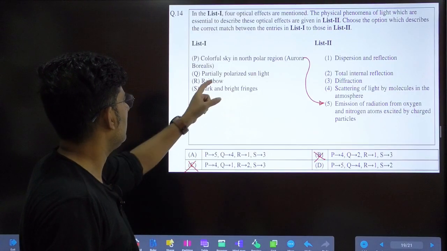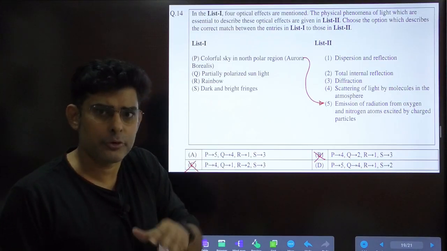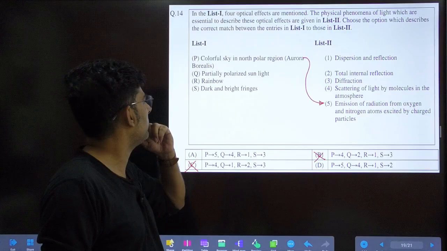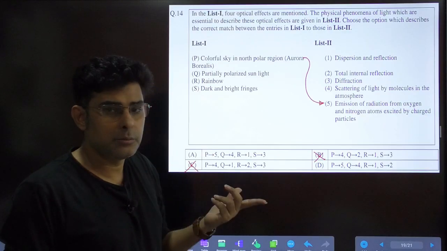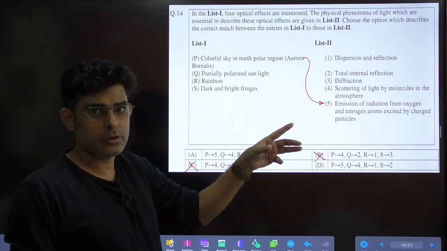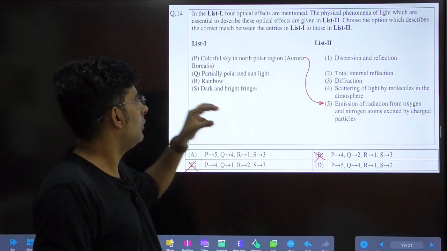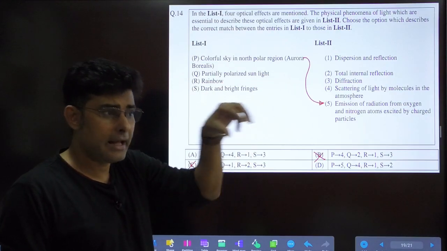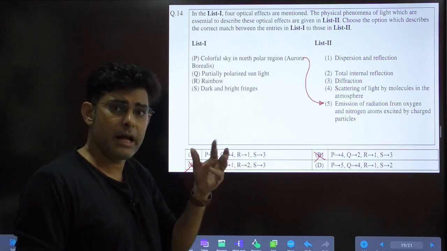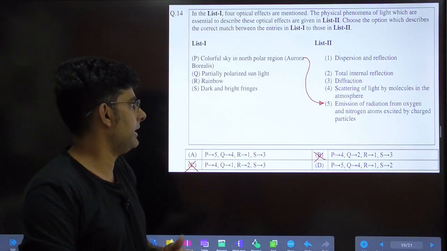Now let's see the next one, partially polarized sunlight. Suppose I have a confusion, I will explain that later. As a student, suppose I am solving and I don't know partially polarized sunlight. But rainbow, I know rainbow, we see multiple colors, that is because of dispersion of light caused by the suspended water particles after rain. When sunlight falls and enters these suspended water particles, it undergoes dispersion and total internal reflection, based on which we are able to see primary and secondary rainbows.